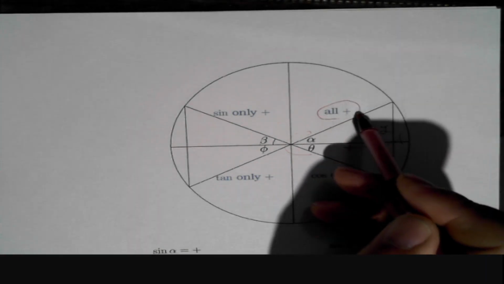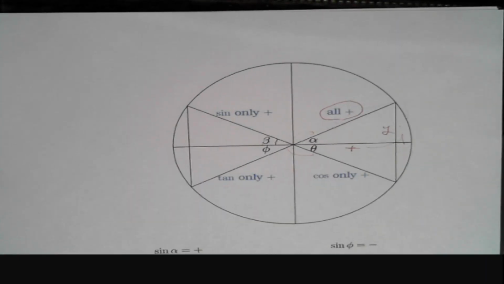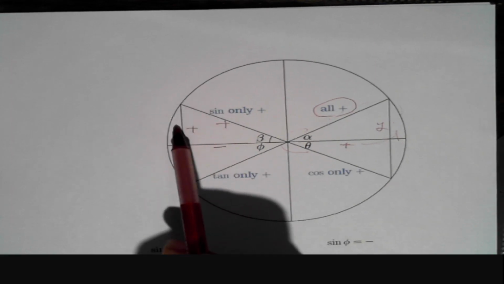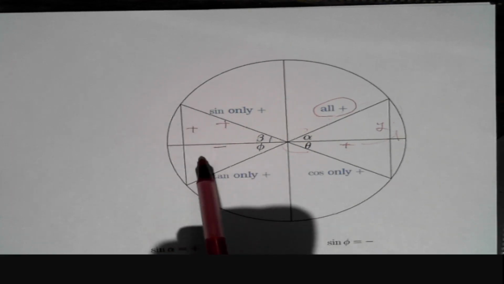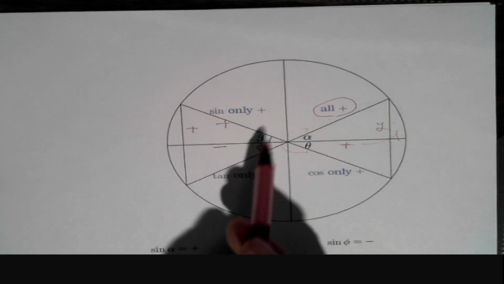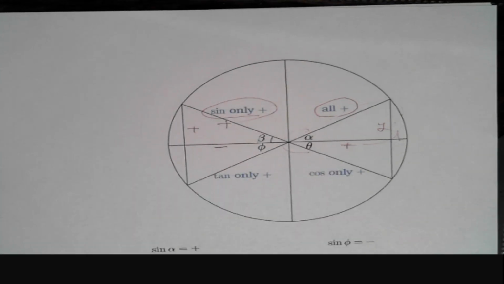So all values are positive. And then in the second quadrant, the hypotenuse is positive, y is positive, x value is negative. Then sine will be positive, cosine will be negative, tangent will be negative, positive over negative. So in the second quadrant, only sine is positive.